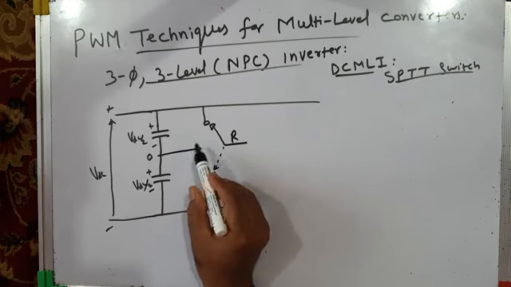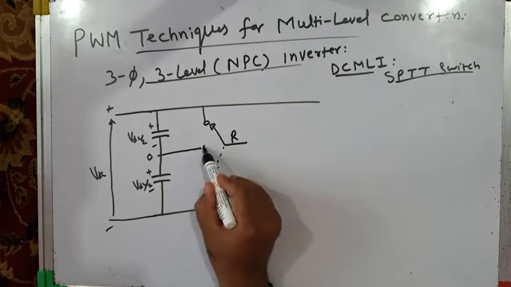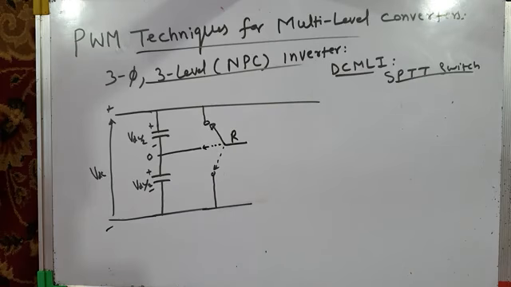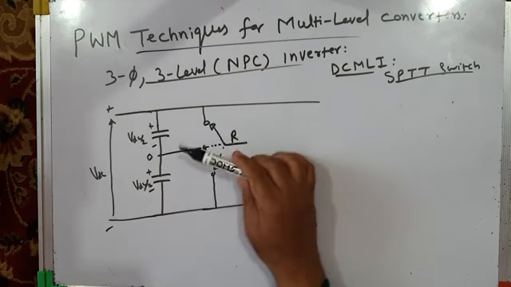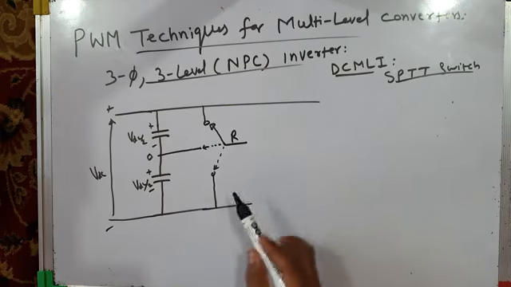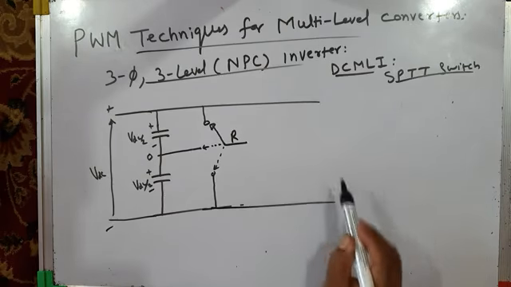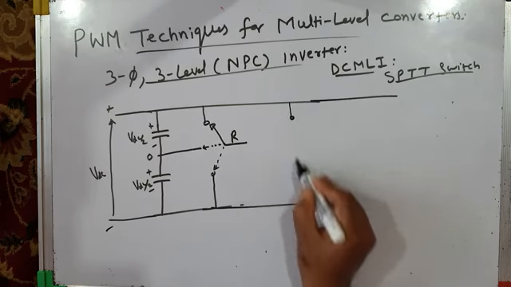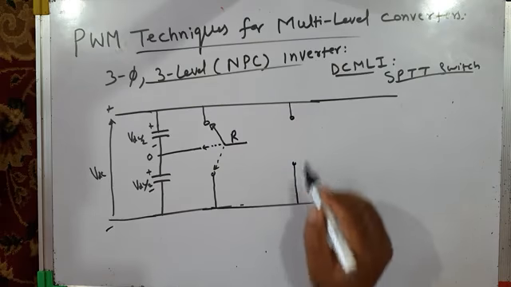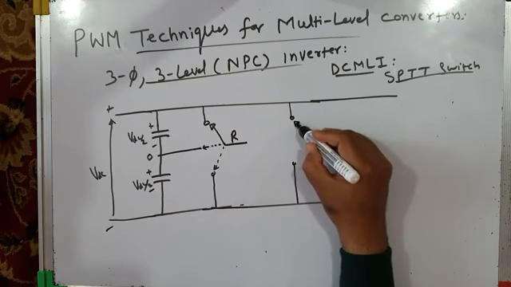This is the midpoint of the DC bus capacitors. It can be thrown here as well. So this is a single pole triple throw switch. This is one throw, this is another throw, this is another throw. This is for phase R. The same single pole triple throw switch can be used for phase Y and then for phase B also.